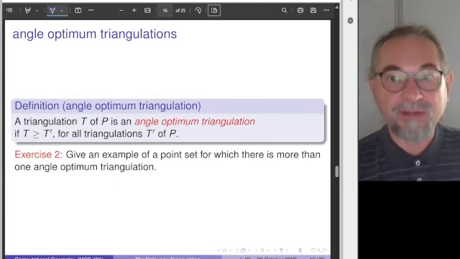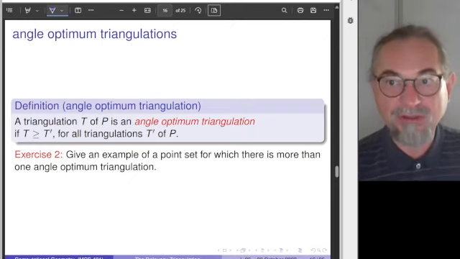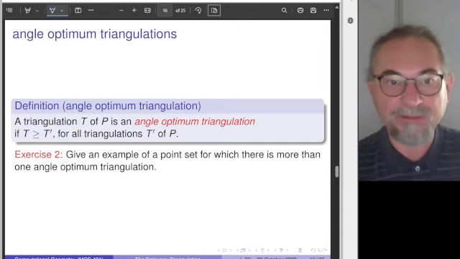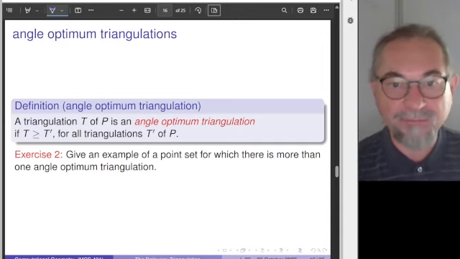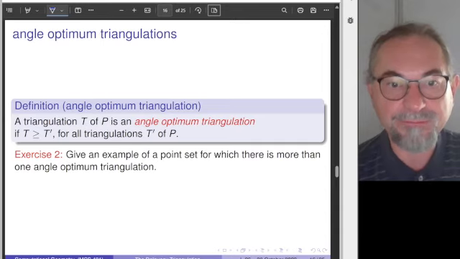For every triangulation which is maximal, uses every point in the given point set, we have this vector, and we therefore can define an optimal triangulation.